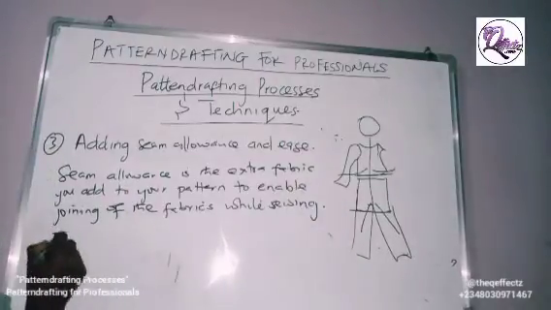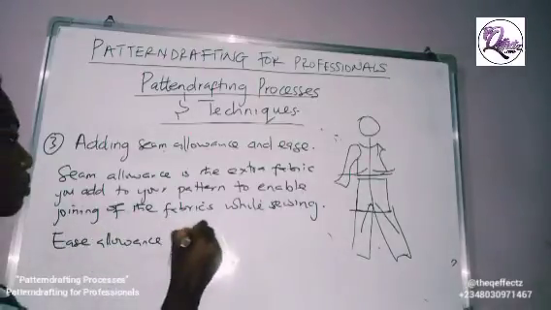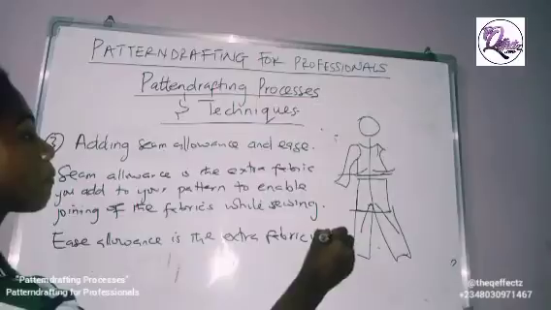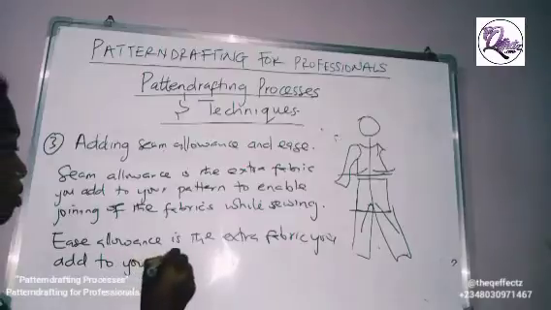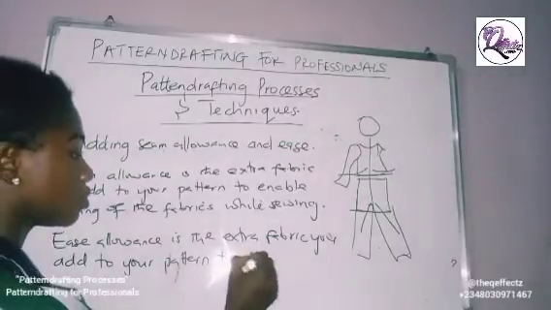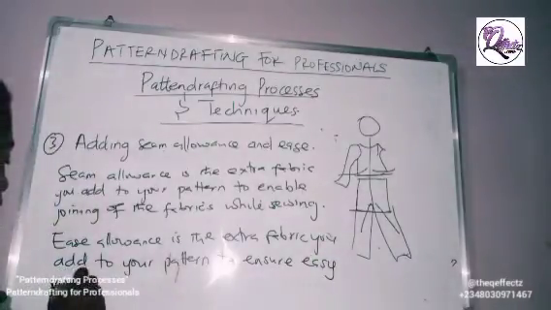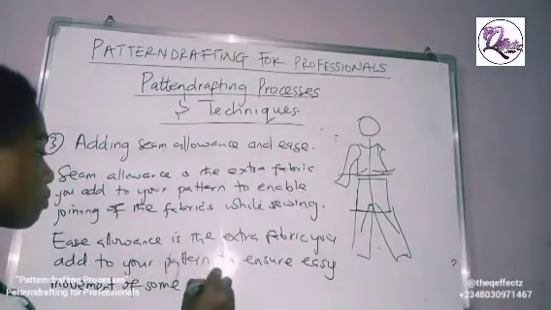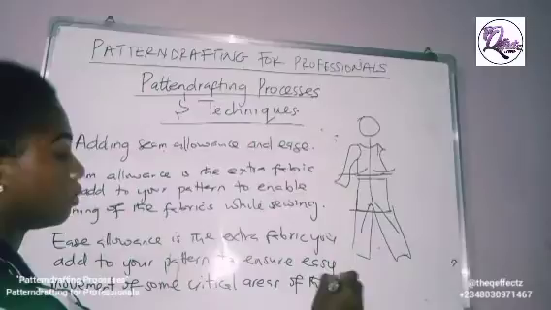Ease allowance, on the other hand, is the extra fabric you add to your pattern to ensure easy movements of some critical areas of the body.